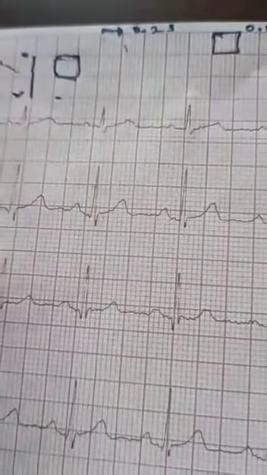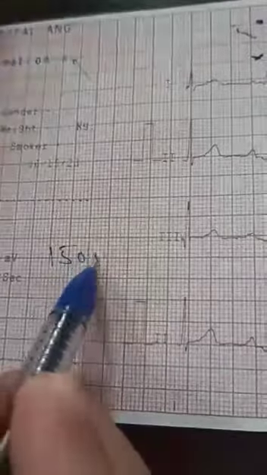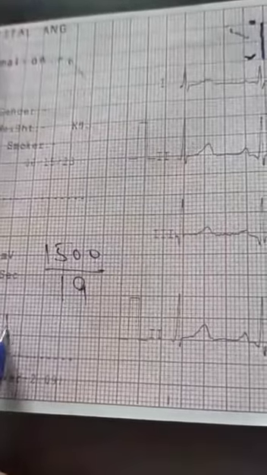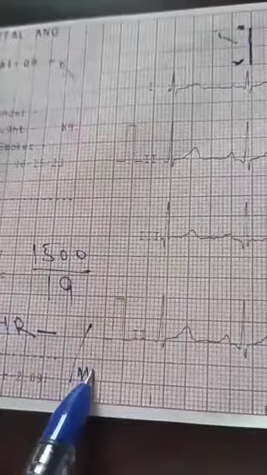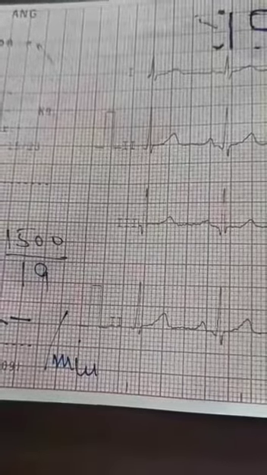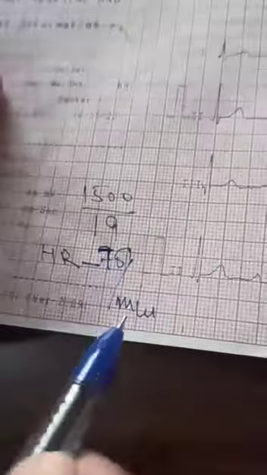So there are 19 small squares. What we will be doing, we will divide 1500 by 19. That will give us the heart rate per minute. So it will be equal to, that is almost 78 is the heart rate per minute.